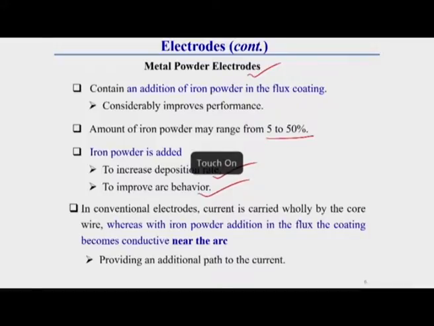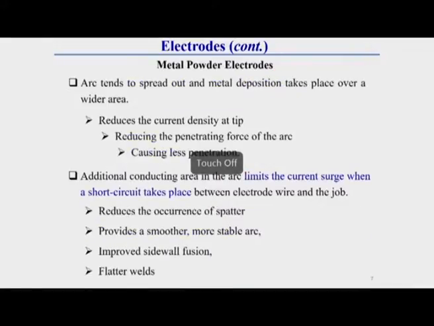As it provides an additional path of current, the arc tends to spread out and metal deposition takes place over a wider area. Keep this in mind: because the conducting area increases, the arc tends to spread out, so the metal deposition area will be wider.